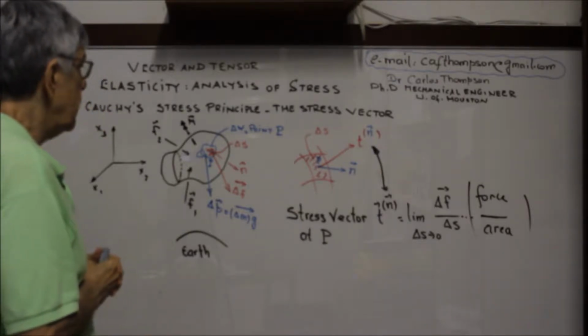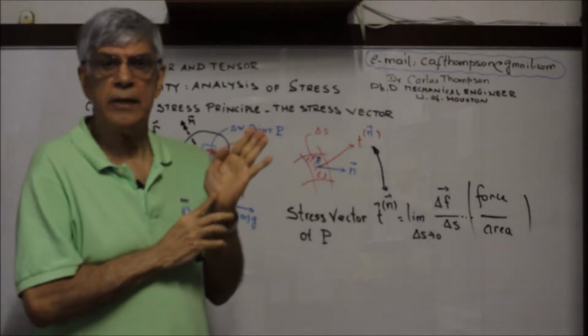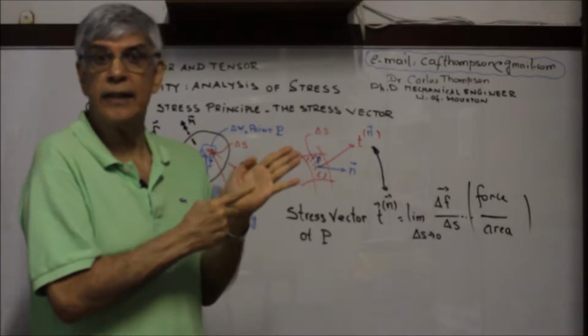Now, for a point P, there are many possibilities for delta S and n.